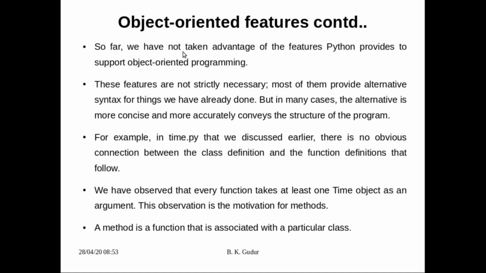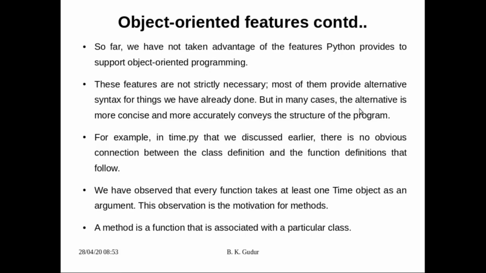So far we have not taken any advantage of the features of Python that provide support for object-oriented programming. These features are not strictly necessary. In the many programs we have discussed so far, we have not used any of the features of object-oriented language. Most of these features provide an alternative syntax for things we have already done.